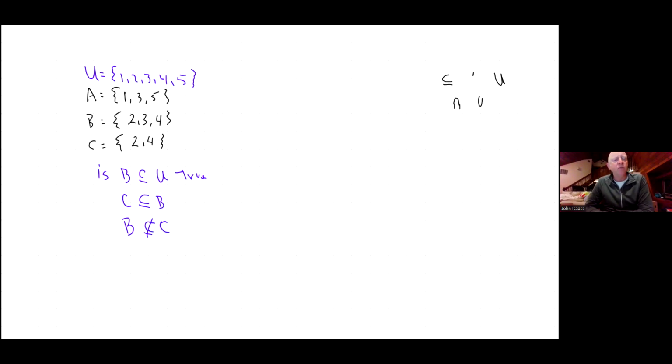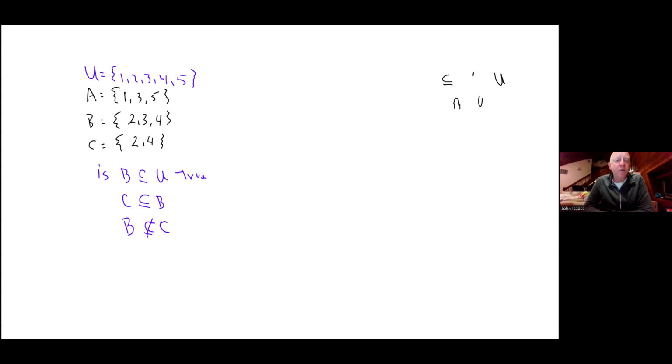B is not a subset of C because B actually has more elements in it than C does. So that doesn't work. But C is a subset of B because all the elements that exist in C, the 2 and the 4, are elements that are in B. So that's a little bit about the way the subset symbol works.